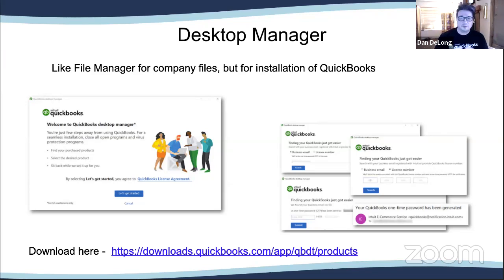So rather than going out to your account site to find and download your versions of QuickBooks, you can download this Desktop Manager, and it connects to your account, and it will have easily accessible ways for you to download and install various versions of QuickBooks. It doesn't work with Point of Sale or Mac, so it's only the Windows-based versions of QuickBooks, but we provided a link to it here in the slides.